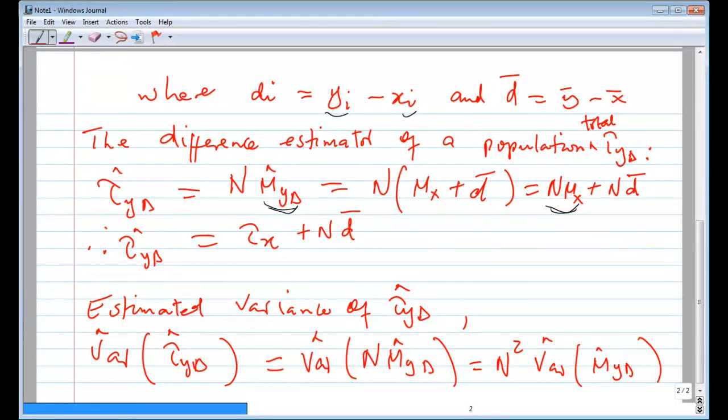And you know the estimated variance of the estimated population mean, we've already calculated it up there, which is what?